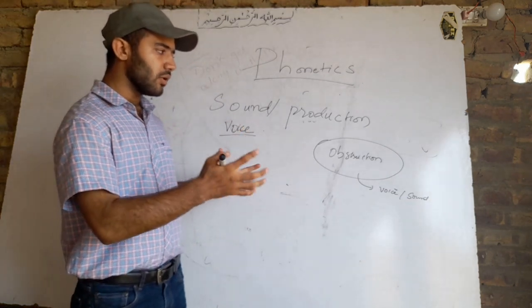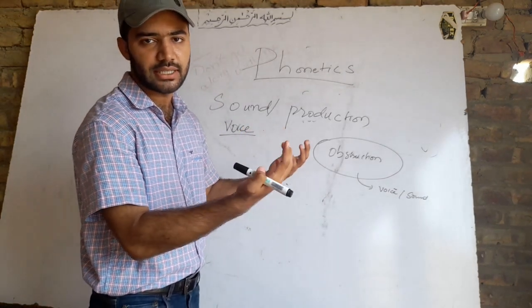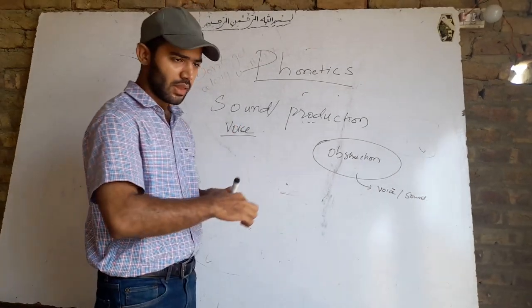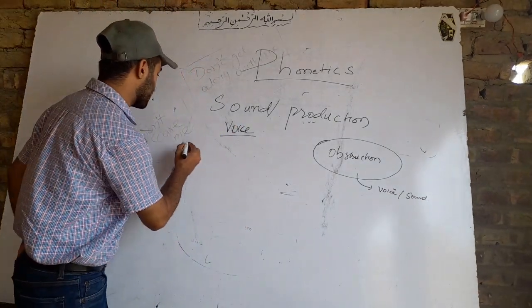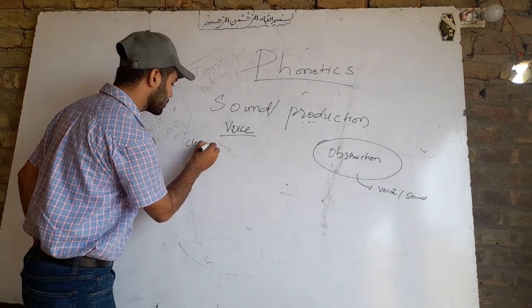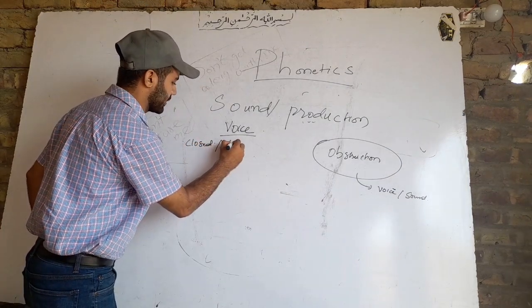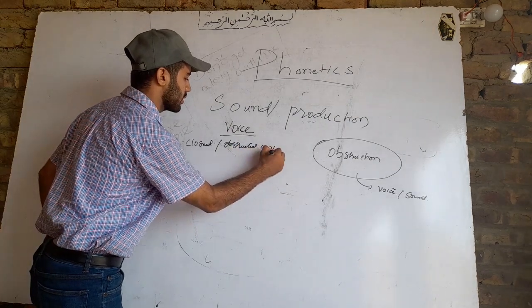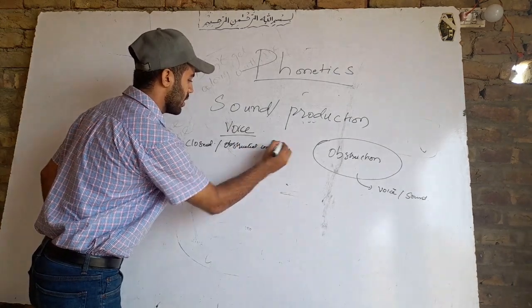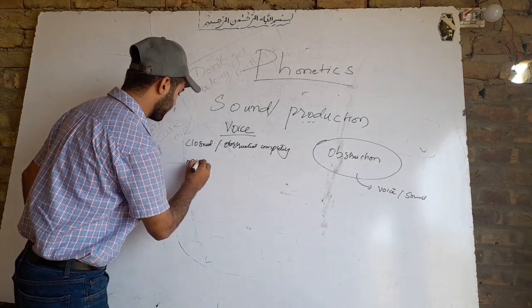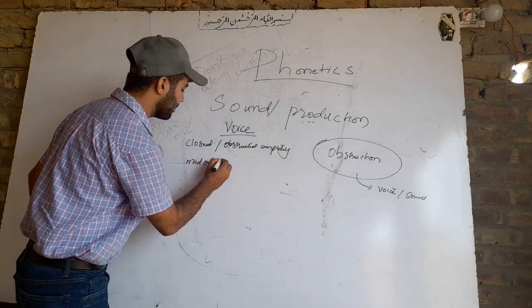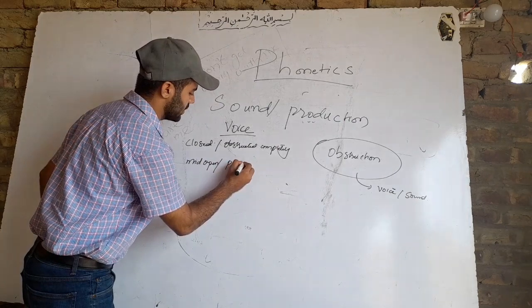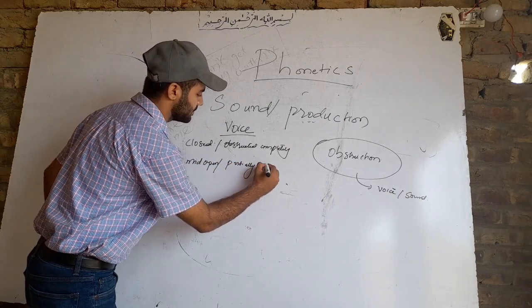Now, the vocal folds or vocal cords, as already mentioned, are a pair of lips-like structure. When they are closed, the airflow is totally, completely obstructed. But when they are mid-open, then they partially obstruct the airflow.